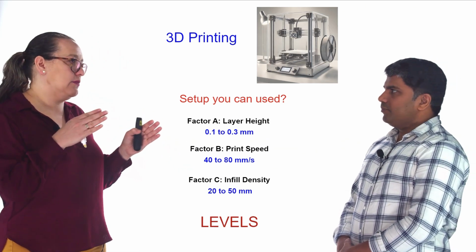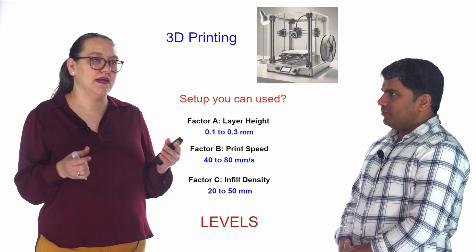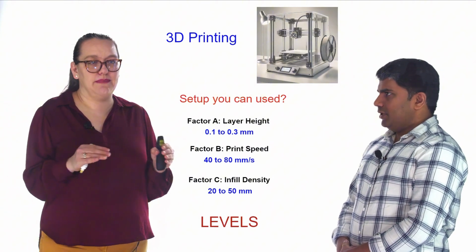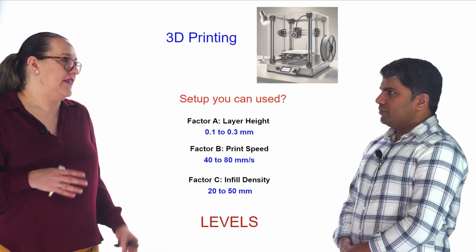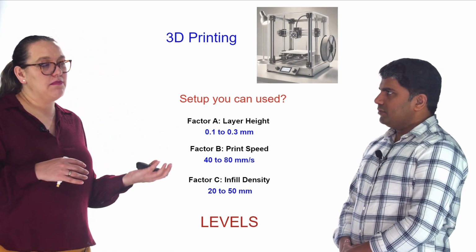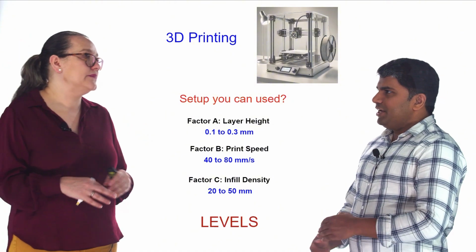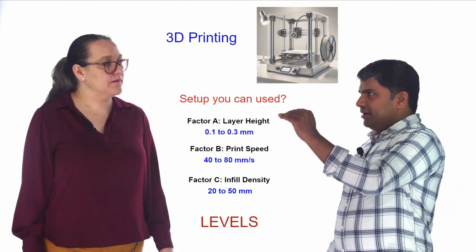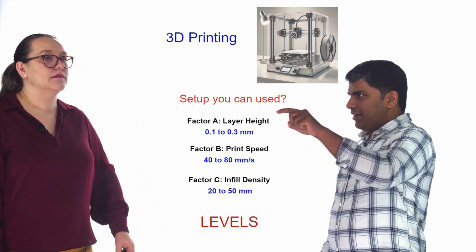Typically it's balanced. If we have 3 levels, we use the value in the middle. Not in all cases, but typically. The same for the infill density. So we need to define how many levels we want to test for each of the factors. To make sure: the things that we can control, layer height, print speed, and infill density, we call factors.